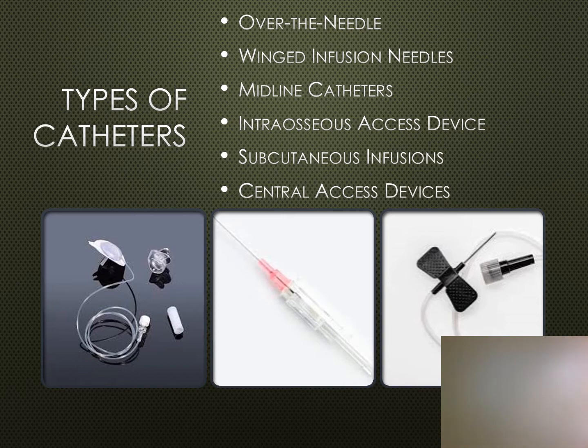It does require adequate subcutaneous tissue. When these sub-Q infusions are used for hydration, the site must be changed every 1.5 to 2 liters of solution infused. And if it's used just for medication administration, we would change the site every 7 days. It does require competency demonstration prior to being able to use it.